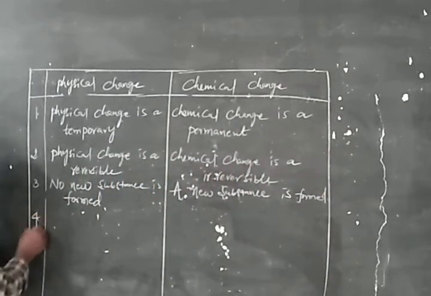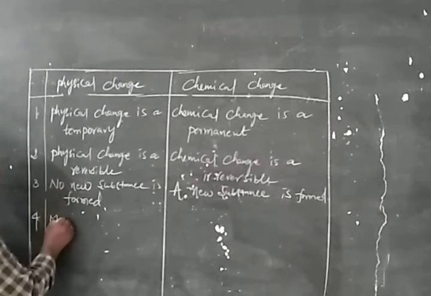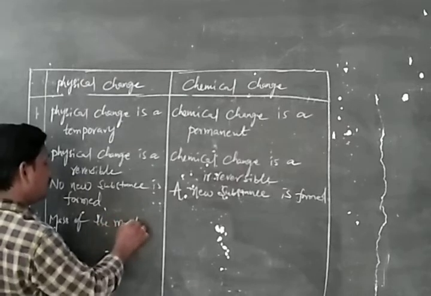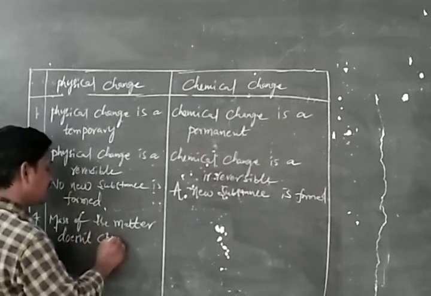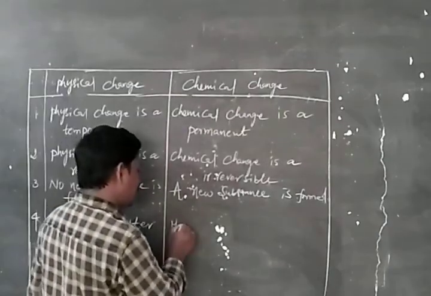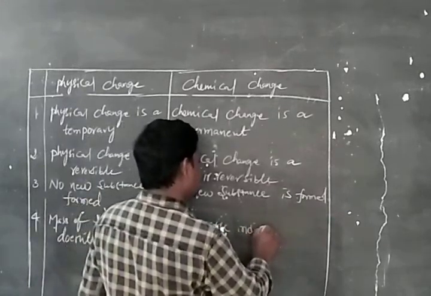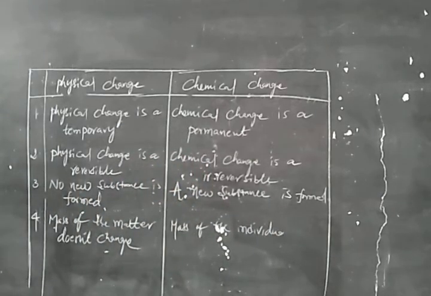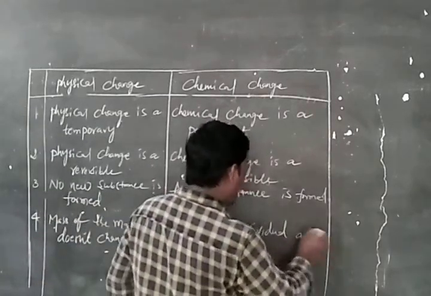And finally, the mass of the matter does not change in physical change, and the mass of the individuals is altered in chemical change.